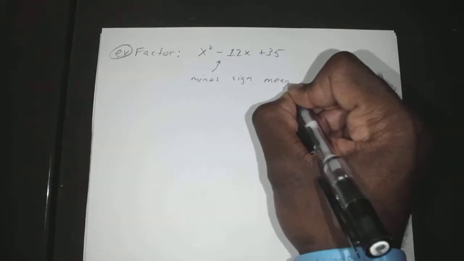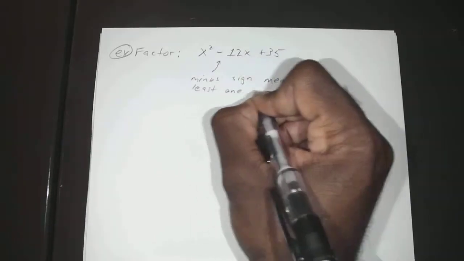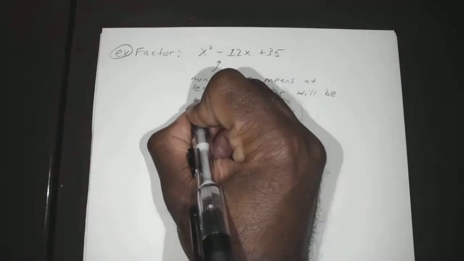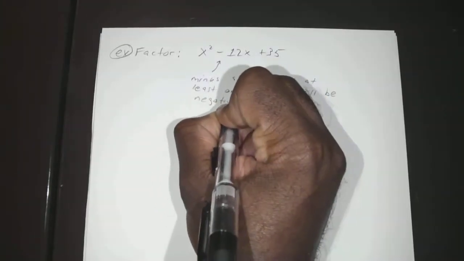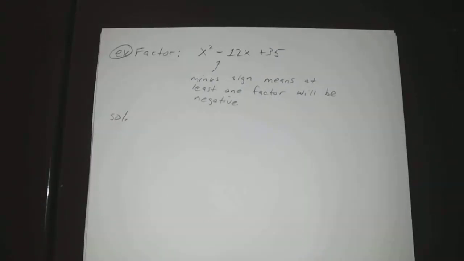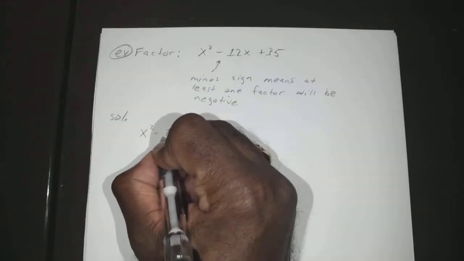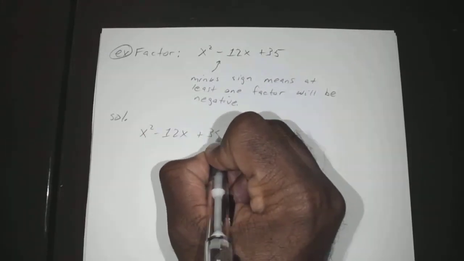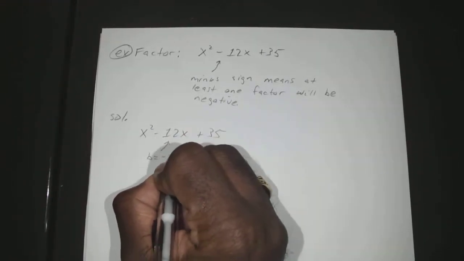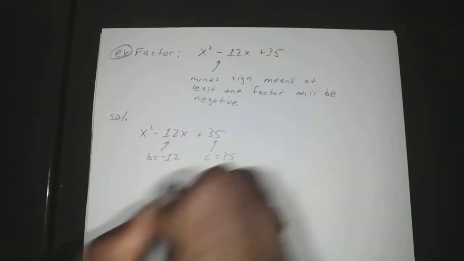A minus sign means at least one factor will be negative. So first we identify our b and our c. We have x squared minus 12x plus 35. That means your b is equal to negative 12, and your c is equal to 35.